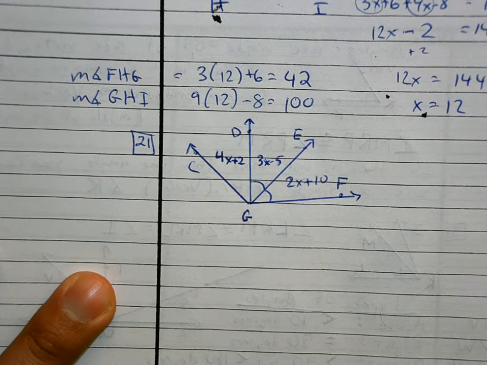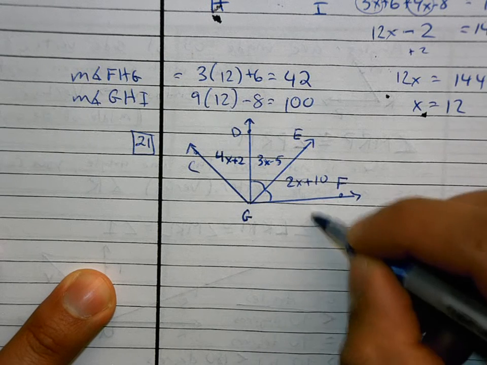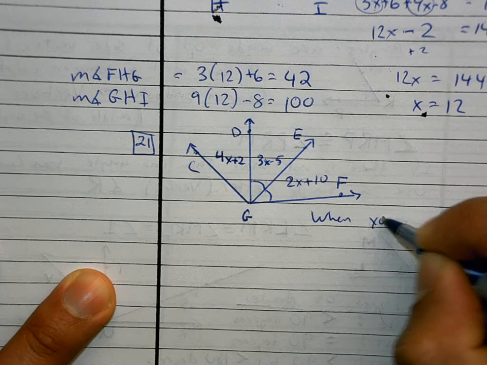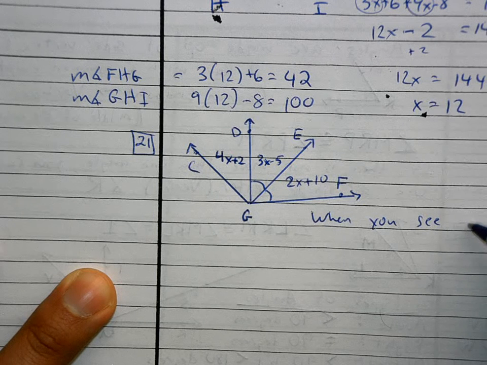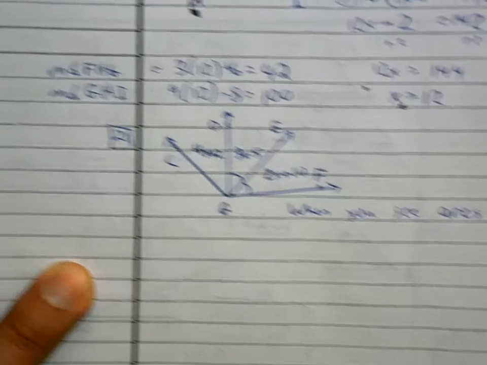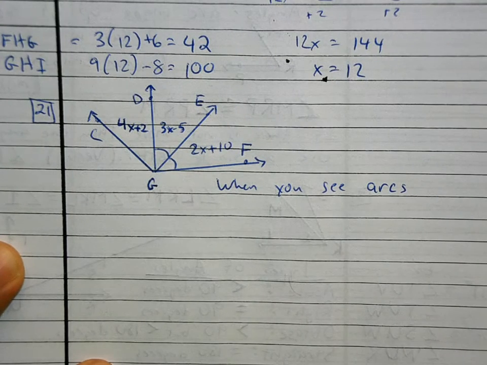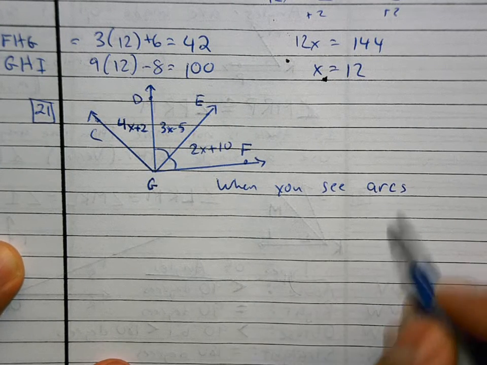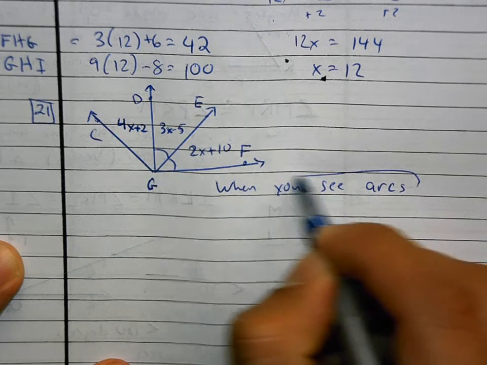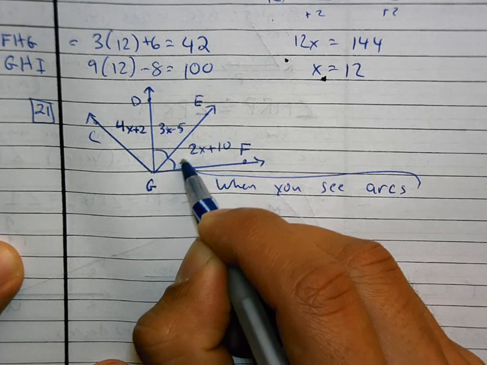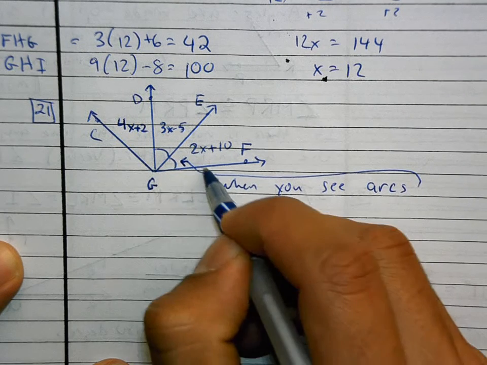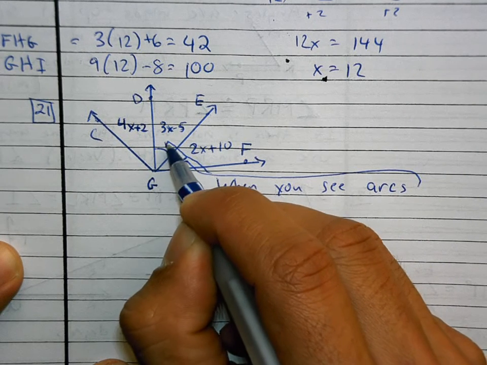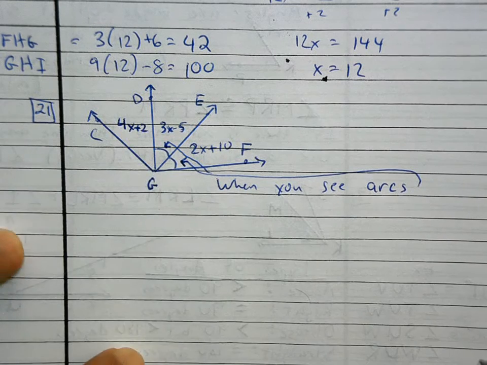When you see these arcs, I'm going to highlight what I mean by an arc. When you see arcs, I'm going to draw an arrow to it. This thing and this thing. I'm going to do another one right there. Those mean something.